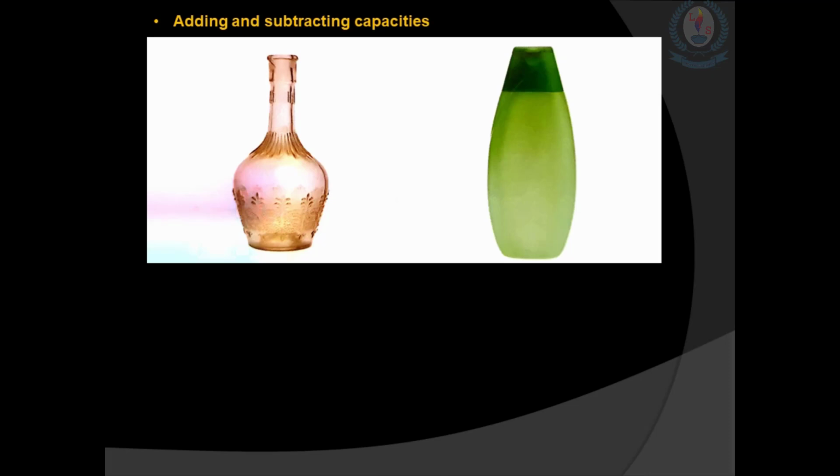Now, I am going to teach you how to add and subtract capacities in liters and milliliters. Look at these 2 containers. The first container has a capacity of 1 liter, 100 milliliters. The next one has a capacity of 2 liters, 250 milliliters.